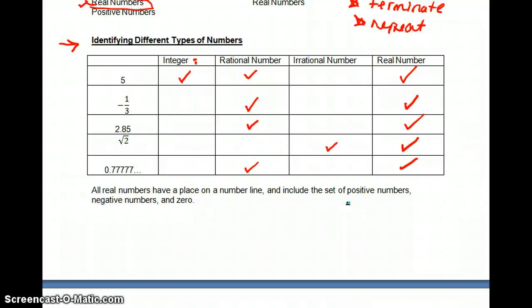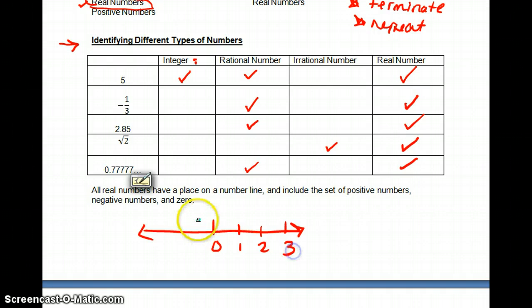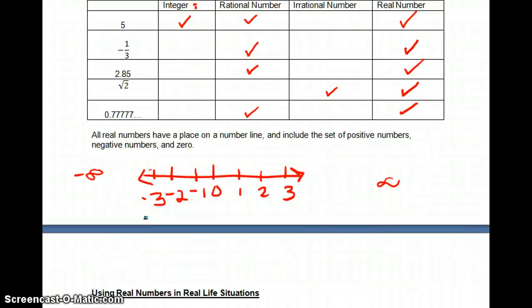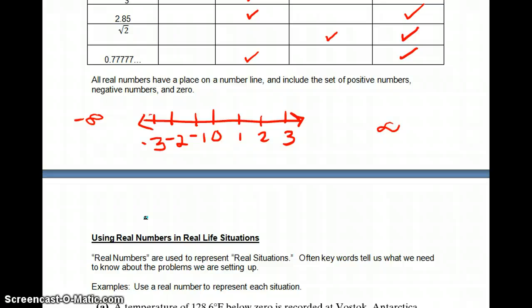So that whole real number system that we're talking about, if you want to think about a number line with zero in the middle, and you have your 1, your 2, your 3, every single number that could fall somewhere on this number line, starting with 0, going all the way to infinity and negative infinity, is a real number. It exists in our world. We can use it. We can work with it. It is a real number.